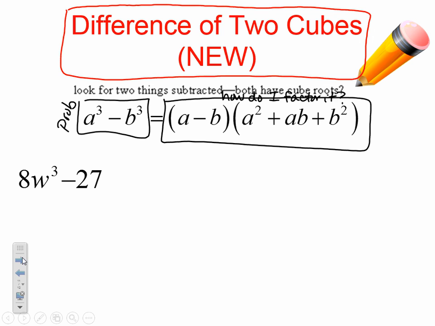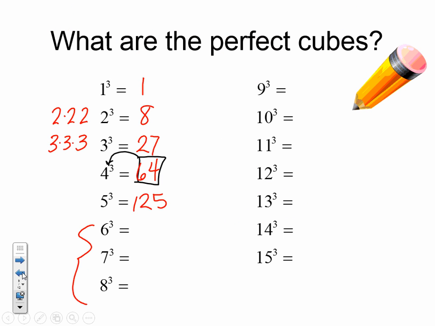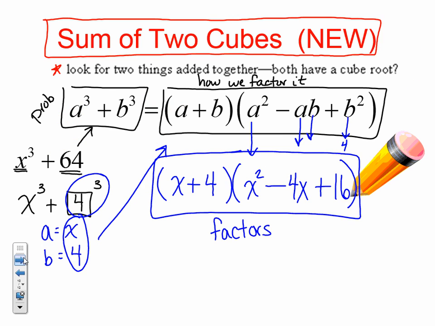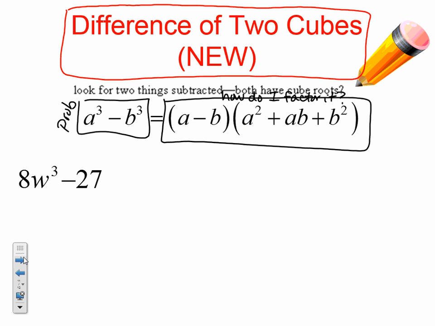Now, if you think about perfect cubes, again, back a couple slides, I'm noticing that 8 is a perfect cube. Okay, that's a big deal. And I'm also noticing that 27 is a perfect cube. So remember, 8 is the same thing as 2 cubed. So if I was going to rewrite this, I would say this is 2w cubed.